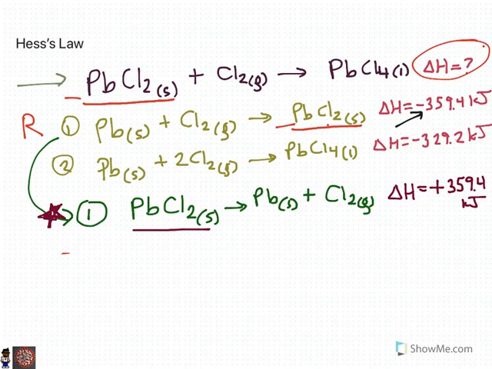Then we move on to the next substance, Cl2. Well, Cl2 shows up in two places. So I'm actually going to scratch this off because we changed it, so this reaction doesn't mean anything to us anymore. Cl2 shows up here and it shows up here. Now, although this doesn't seem ideal at first, what's nice is remembering if it shows up on both sides, it can cancel out, but we pay attention to the magnitude.